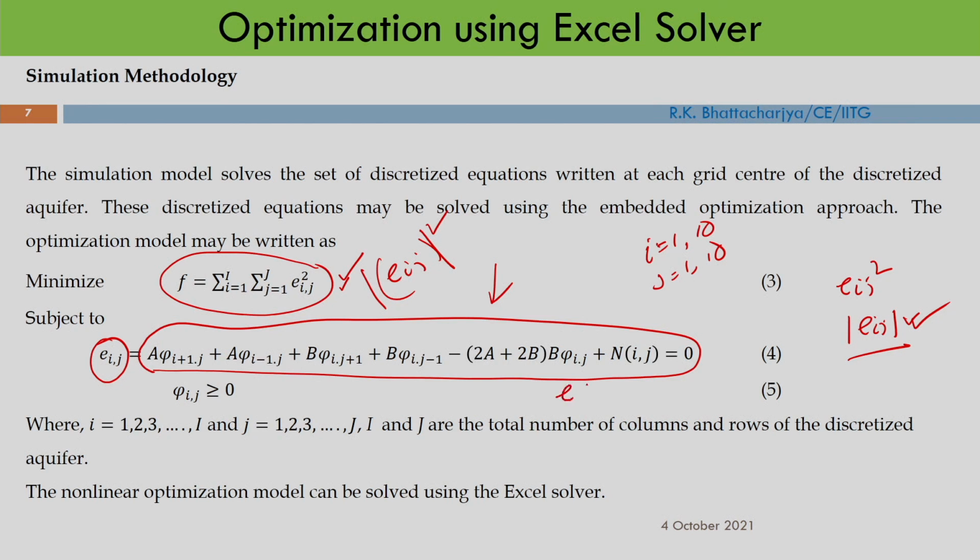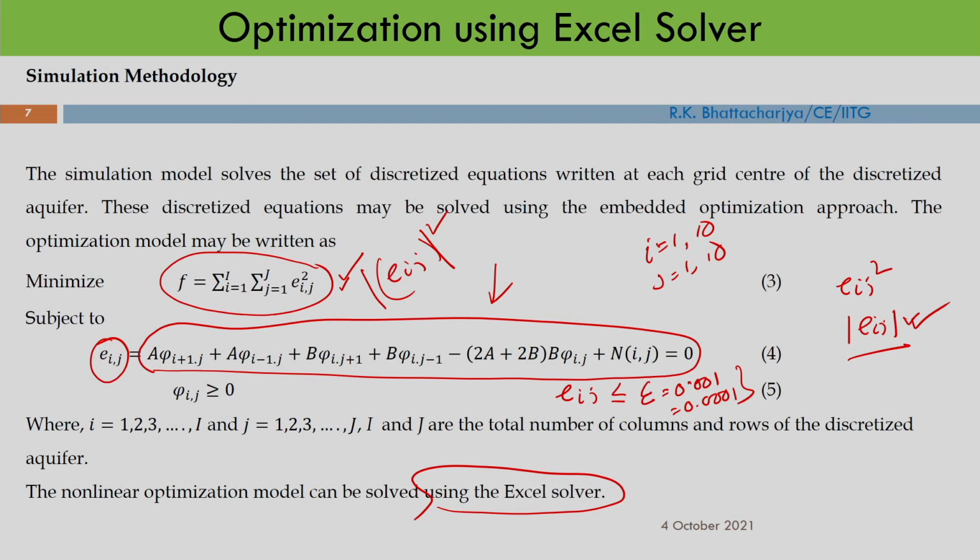But what I will do is make Eij less than or equal to some small value, maybe 0.001 or 0.0001, something like that. So, it will not be 0, but it will be near to 0. I will solve this problem using Excel Solver, using this particular equation.